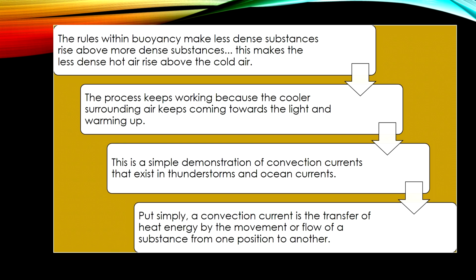This is a simple demonstration of convection currents that exist in thunderstorms and ocean currents. Put simply, a convection current is the transfer of heat energy by the movement or flow of a substance from one position to another.